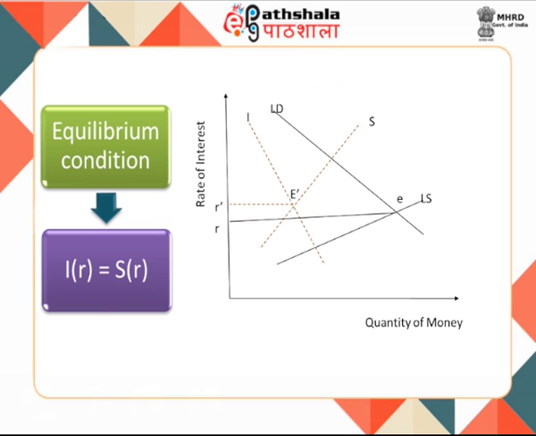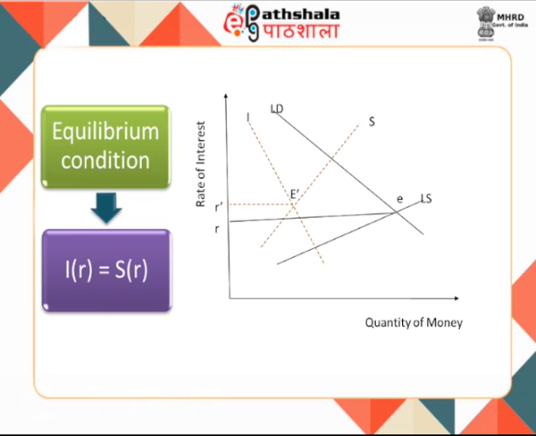Delta MD is not shown separately but can be derived as the horizontal distance between the LD and I lines. This distance increases as the rate of interest falls because delta MD is hypothesized to be a declining function of the rate of interest.